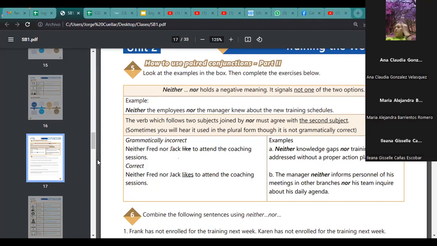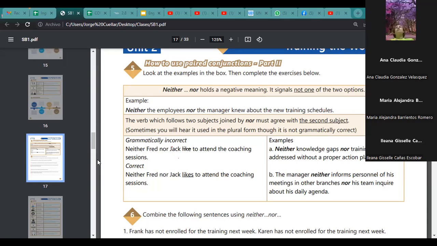The verb which follows two subjects joined by nor must agree with the second subject, okay? So the verb has to agree with the second subject. And sometimes you will hear it used in the plural form, though it is not grammatically correct.